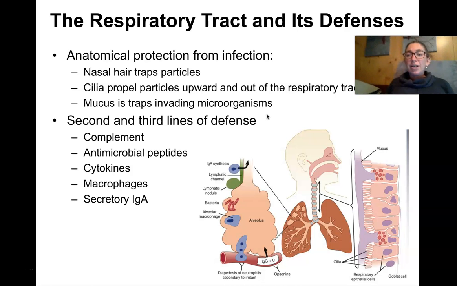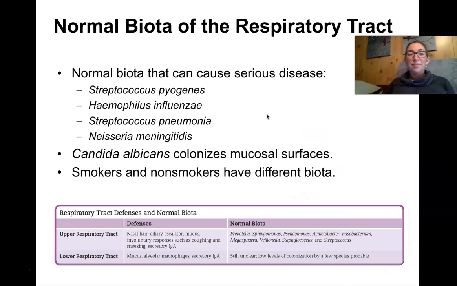But of course, our respiratory tract is vulnerable because it is open to the outside world. We are constantly breathing in things from the outside, so it does make it a very good portal of entry for potential pathogens as long as they can evade these other defenses.